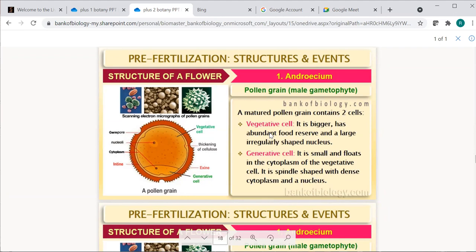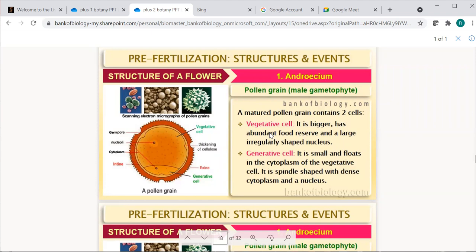Vegetative cell is big and it has abundant food reserve and is generally irregular in shape. ठीक है, vegetative cell, it also makes pollen tube which has generative cell. ठीक है, pollen grain has 2 cells.